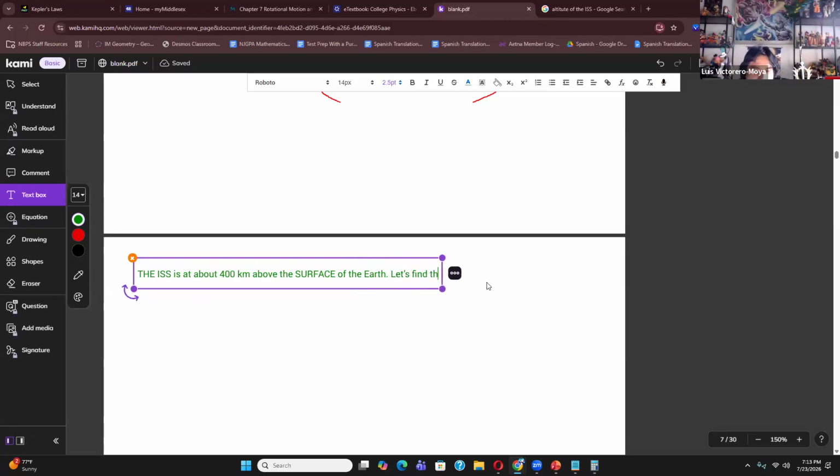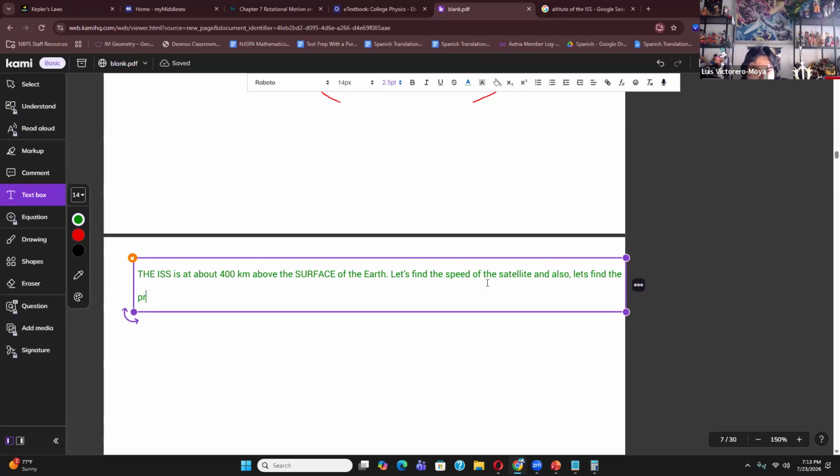Let's find the speed of the satellite, and also let's find the period of its orbit.